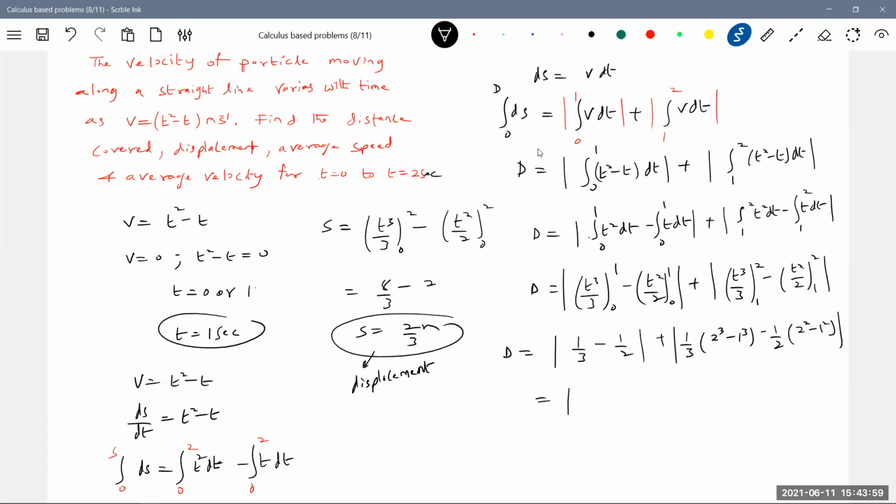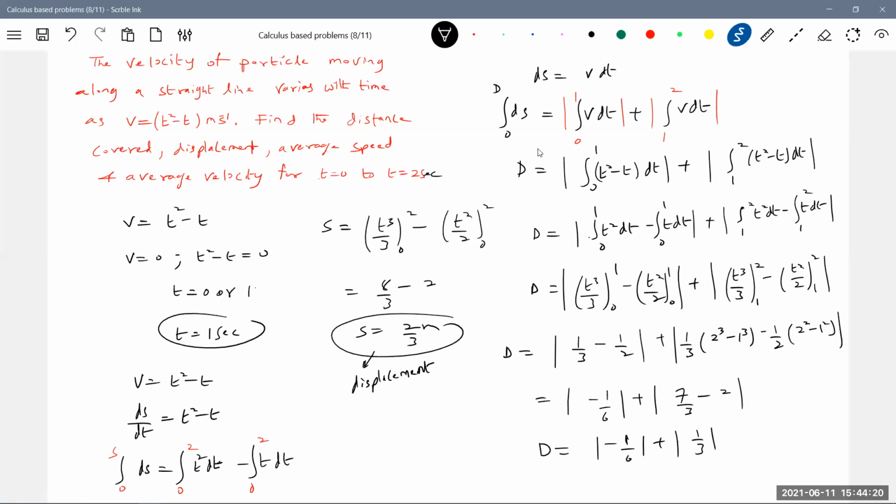This will be minus 1 by 6 plus 8 minus 1, 7 by 3, minus 4 minus 1, so 3 by 2. That is 1 by 6 plus 7 by 3 minus 3 by 2, giving 1 by 3.